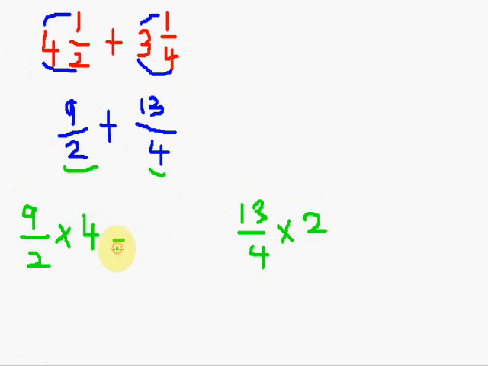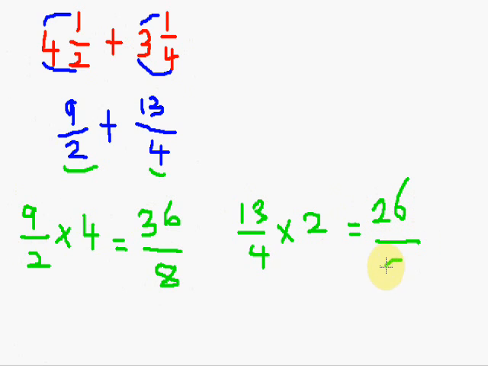So we have 9 4s are 36, and 4 2s are 8, and then over the other side we have that 13 2s are, you guessed it, you're so intelligent, 26, and 2 4s are 8.